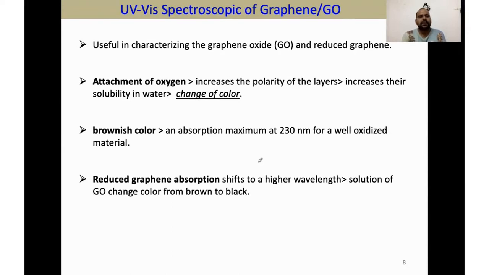Generally it appears brownish once GO is there, and the absorption maxima comes around 230 nanometer. But once we reduce this graphene oxide, the color almost converts to black. So just by visualization, we can even see this is graphene and this is graphene oxide, right?